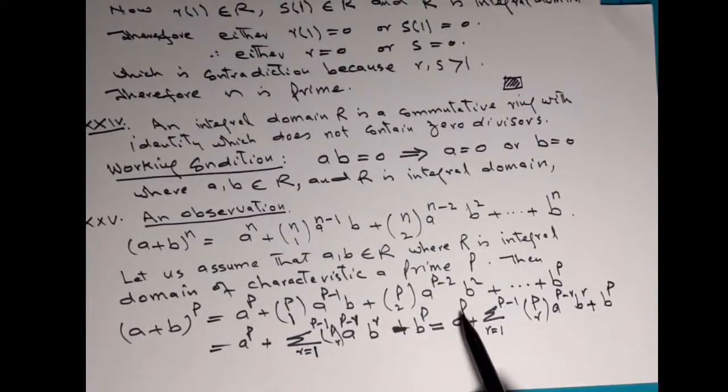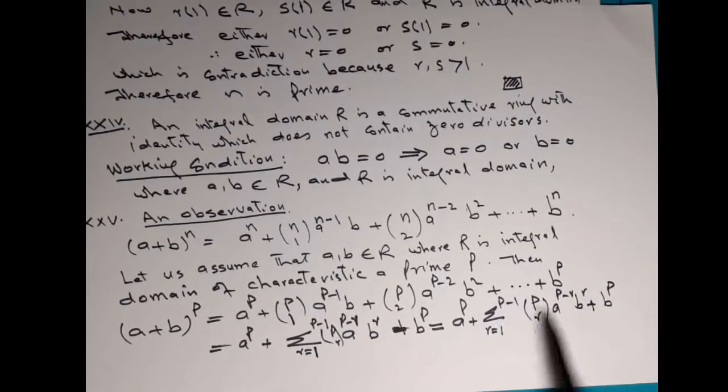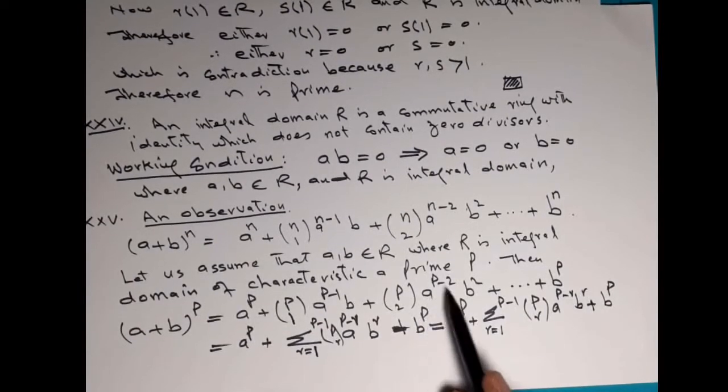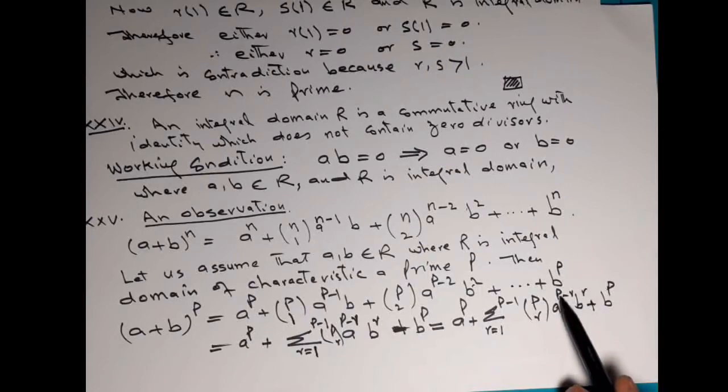So a raised to power p and then pC1 a raised to p minus 1 b raised to power 1, plus so on, pC2 a raised to p minus 2 b squared, and so on. At the end it will be pC(p minus 1) a raised to power 1, and then b raised to power p minus 1, and then b raised to p. It is correct, so you can write it in this way.